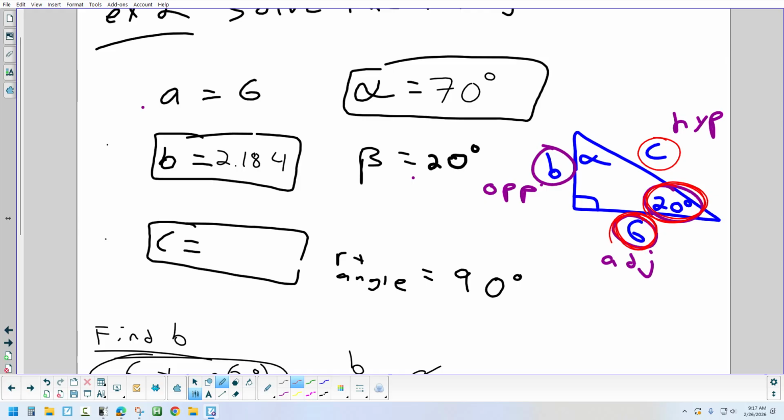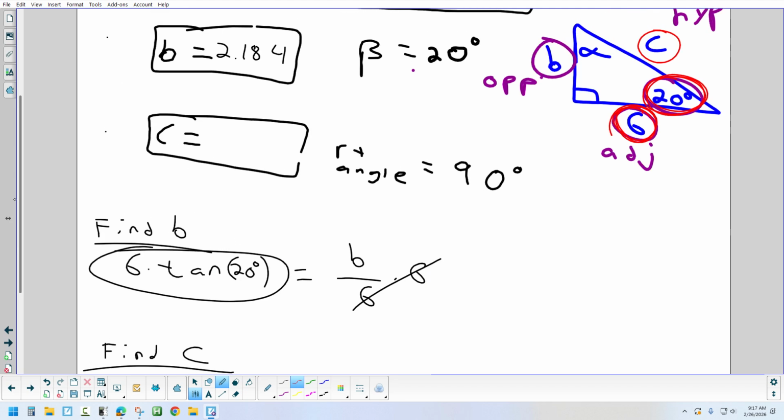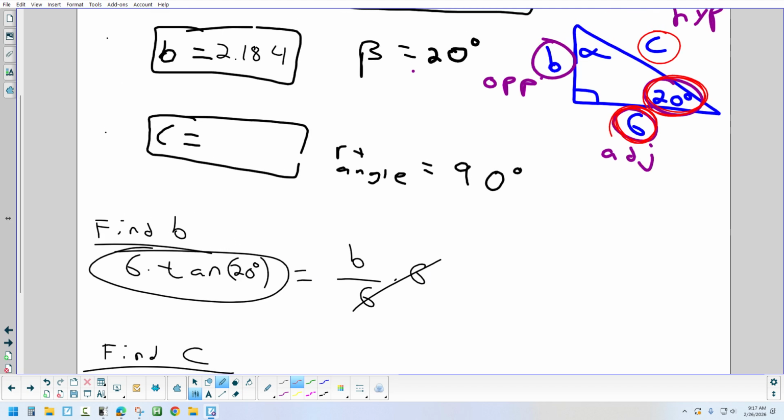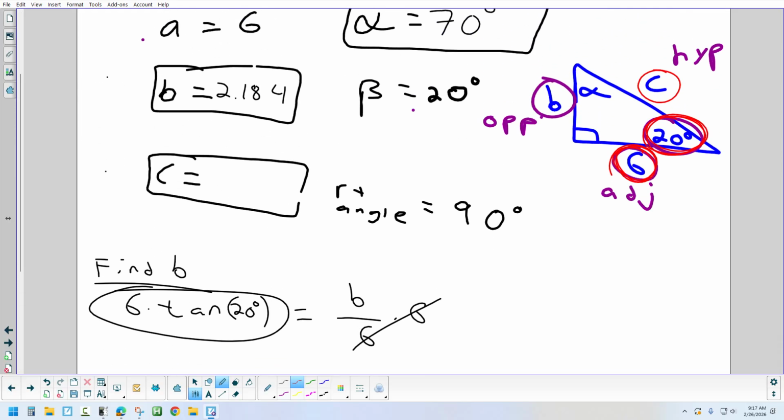Cosine? Cosine, yep. So cosine, leave room for your angle, and put your fraction. Okay, what is our angle again in this one? 20. So put in your angle. And cosine is adjacent over hypotenuse. What would it be? 6 over C. Yep.